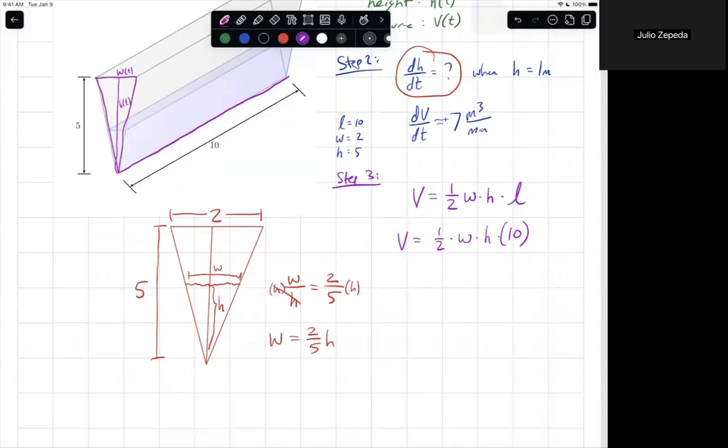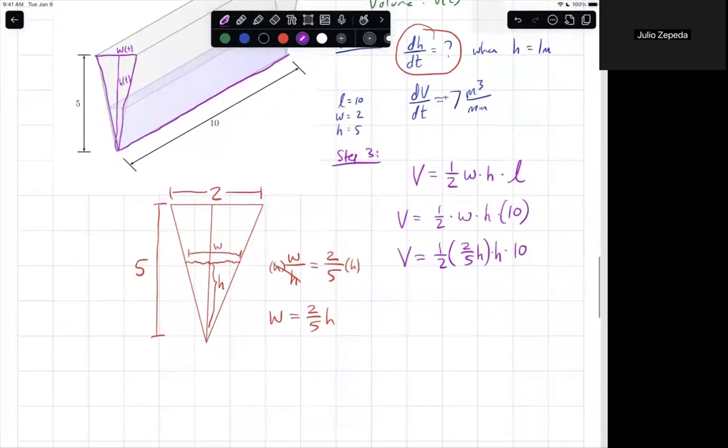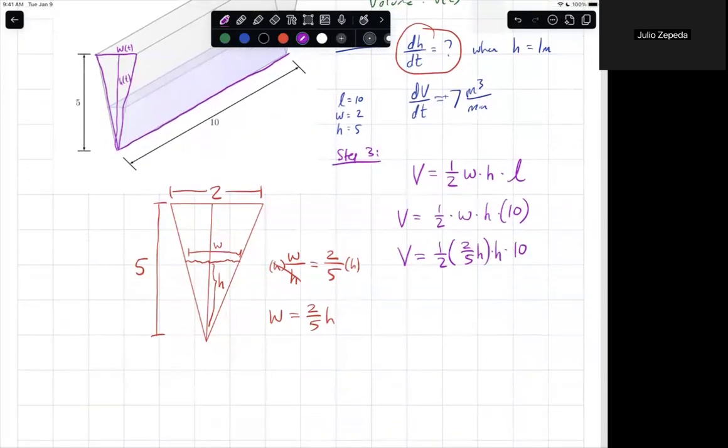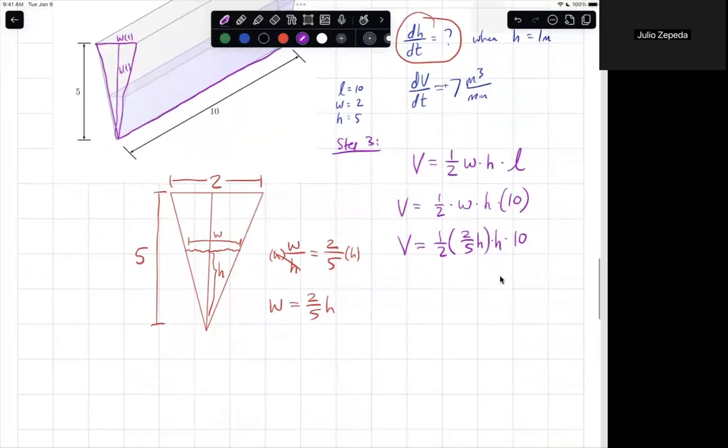So let's go ahead and plug into our equation. V equals 1/2 times 2/5 H times H times 10. And we can see, hey, this works out pretty nicely. 2 times 5 is 10, so that cancels out with this 10.